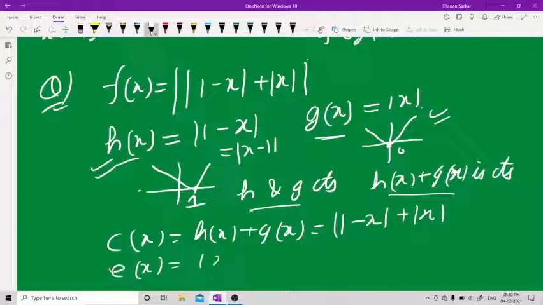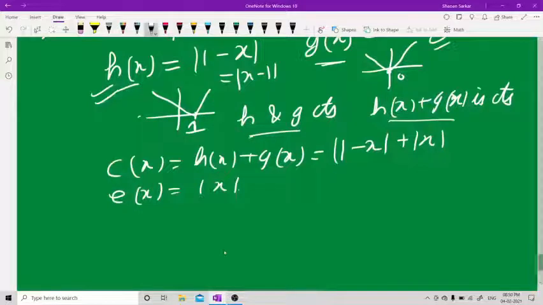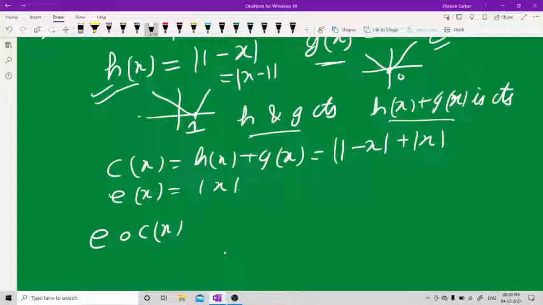Now let us define a function e(x) as mod x. I told you one thing: if f and g are continuous, then the composition is continuous. I've written e of c(x).